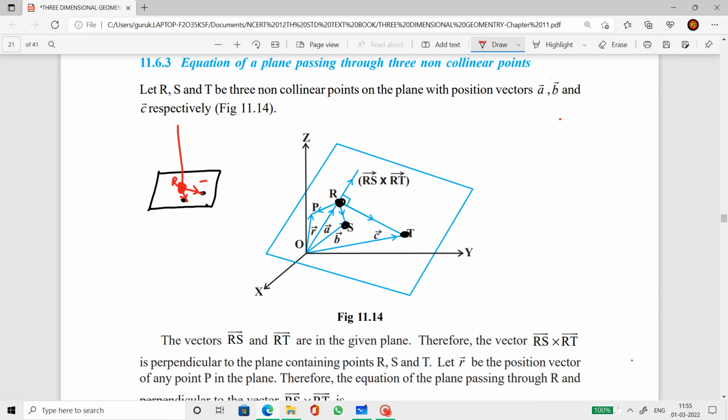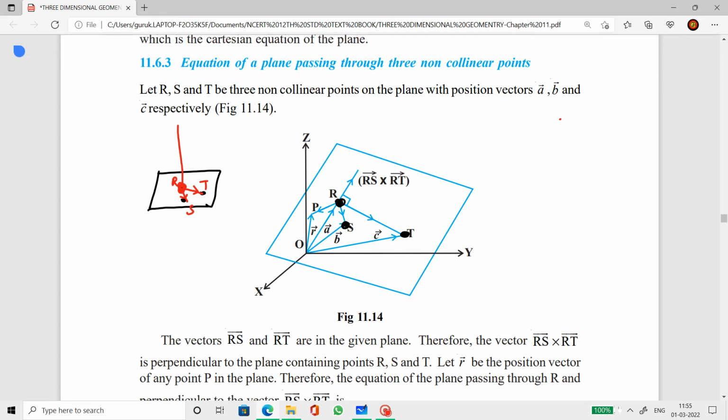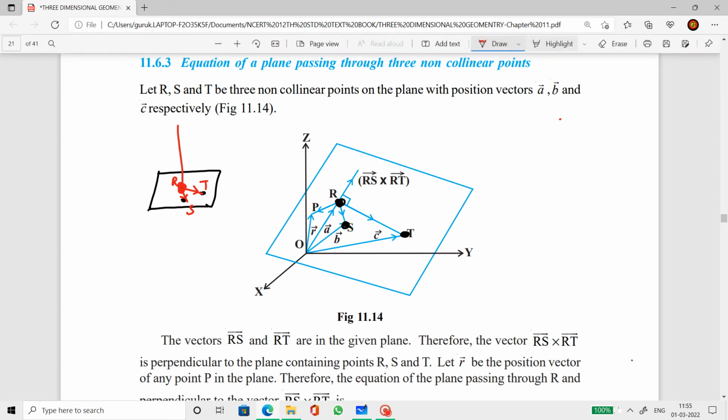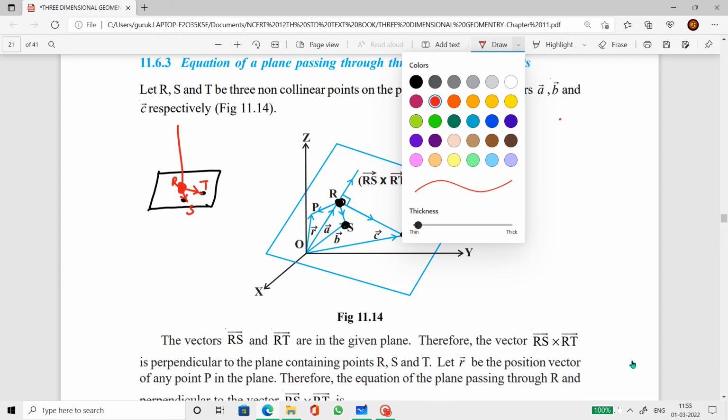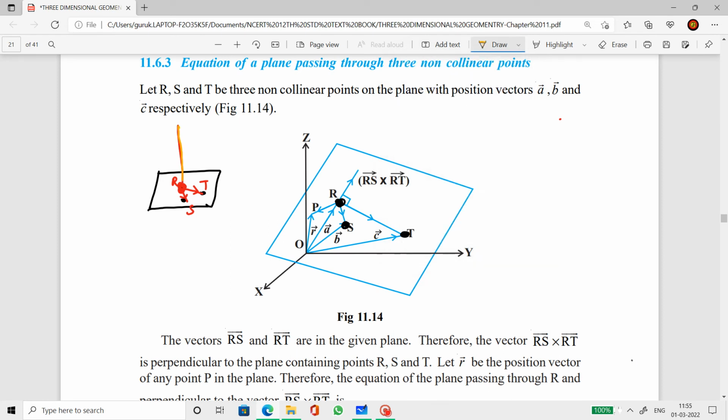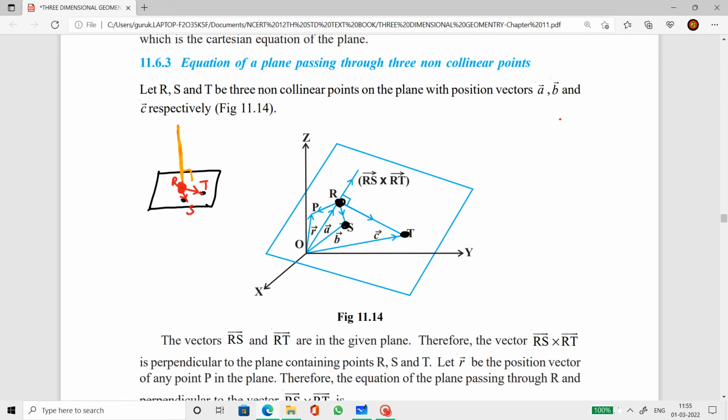So RT and RS are two line segments inside the plane. And I told you already that any line segment inside the plane will be perpendicular to the normal. Normal is the altitude, right?